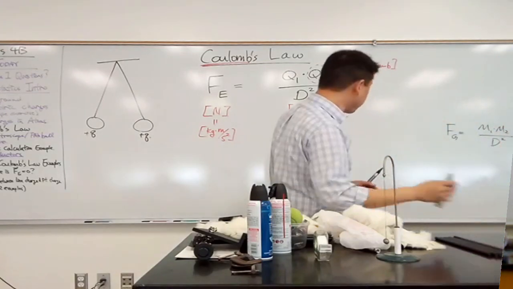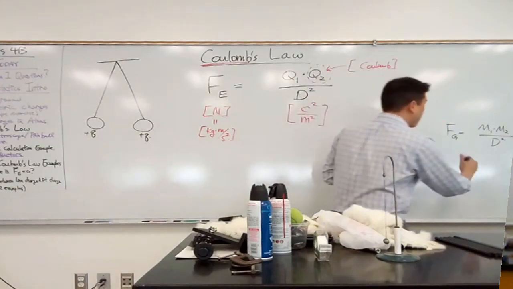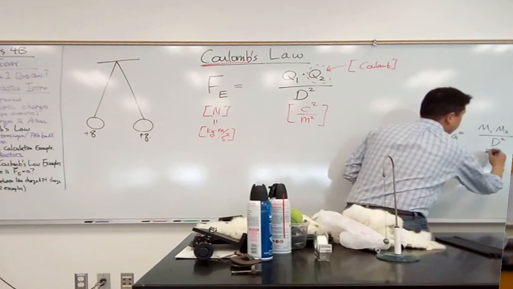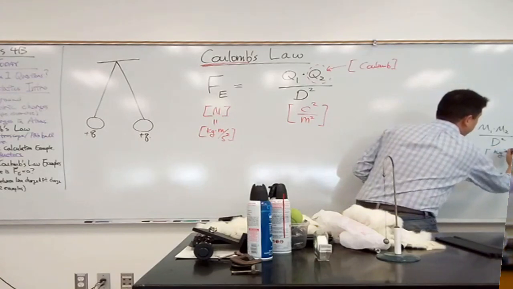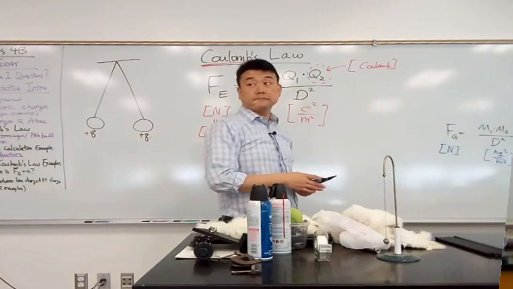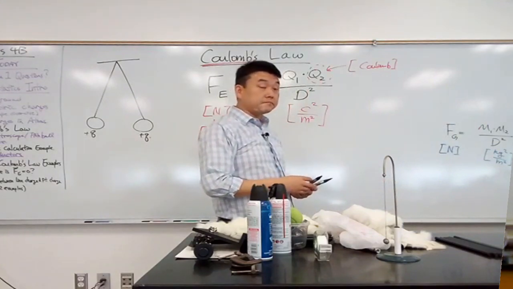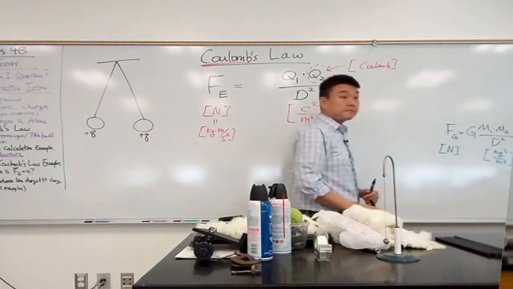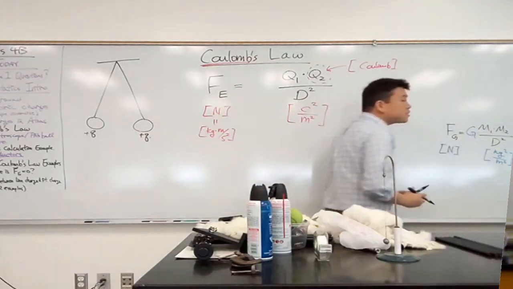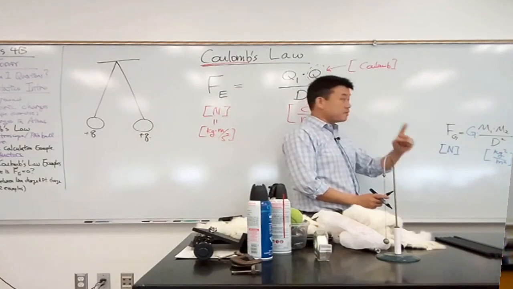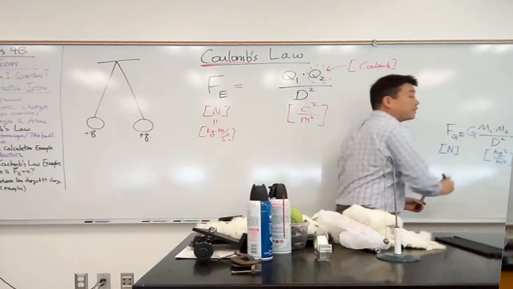So when you look at the units here, you face a similar problem. On the left-hand side is a unit of newtons. On the right-hand side is a unit of kilograms squared per meter squared. How do we fix this? Yeah, there's a constant, the gravitational constant G. And this constant does two things. One, it gives you exactly the correct unit so that you can now say this equality.